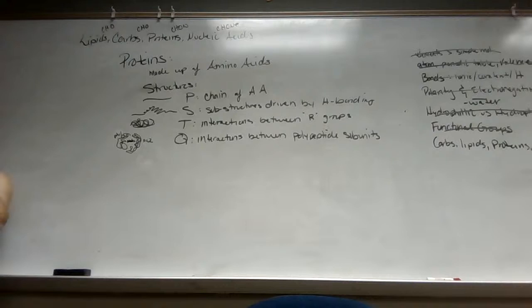An example of a quaternary structure would be hemoglobin. Hemoglobin has 4 different subunits that come together and basically cover the hydrophobic region. Does that make sense? Any questions on protein?